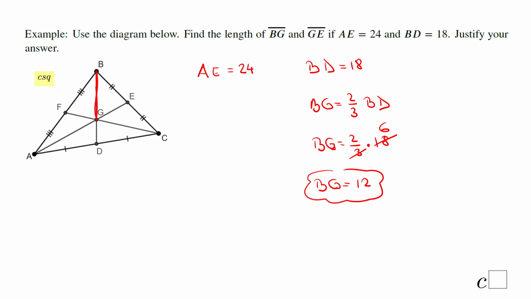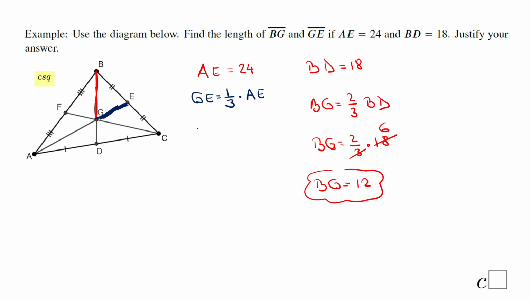Let's take a look now at the other part, and we need to find GE. GE is this piece here, and if you remember, we do have a relationship that is very useful. GE will be 1/3 of AE.